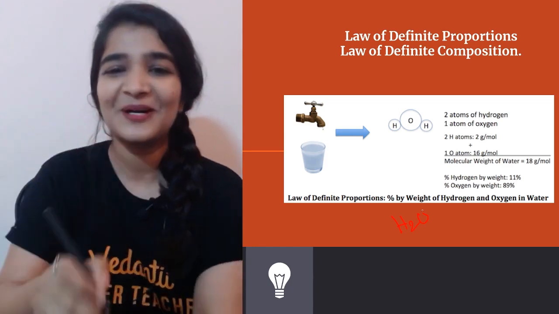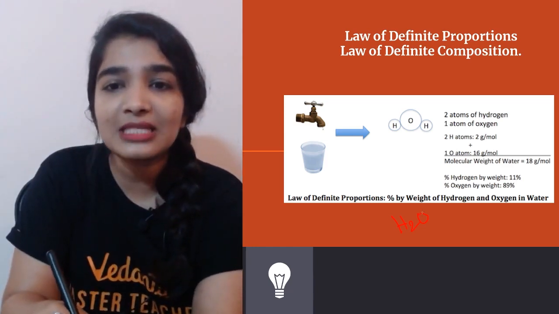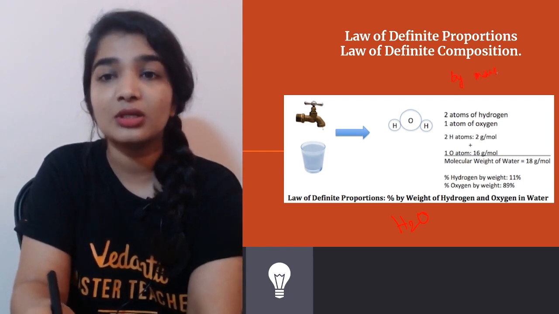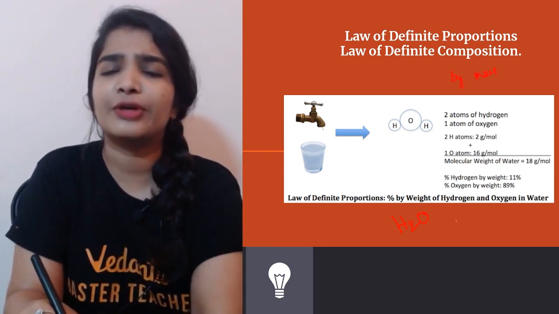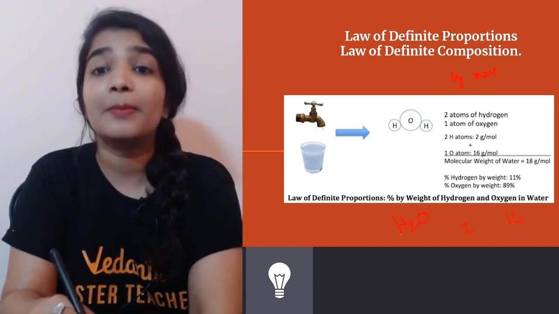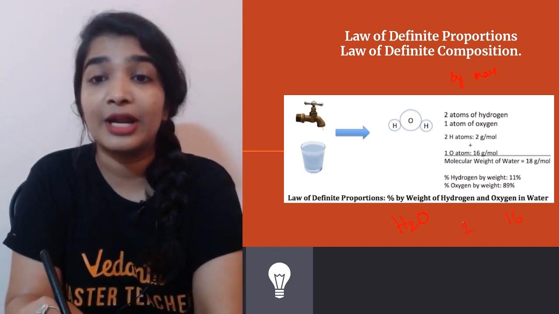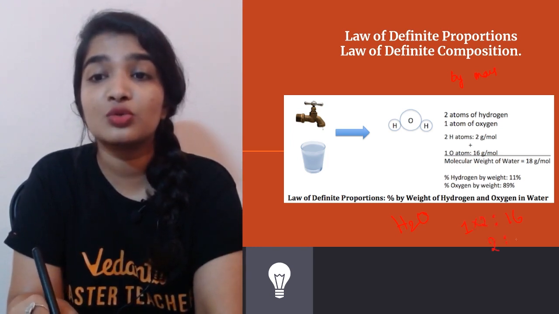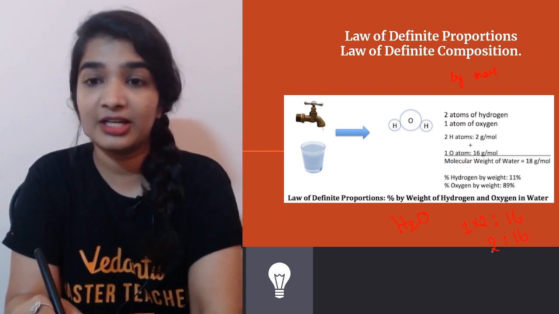No, right? It's H2O. Now coming to its atomic mass. This is proportion by mass. What is the atomic mass of hydrogen? It is 1. And oxygen it is 16. But you have 2 atoms of hydrogen, so I'll multiply by 2. So I'll get 2 is to 16. I can further simplify it.